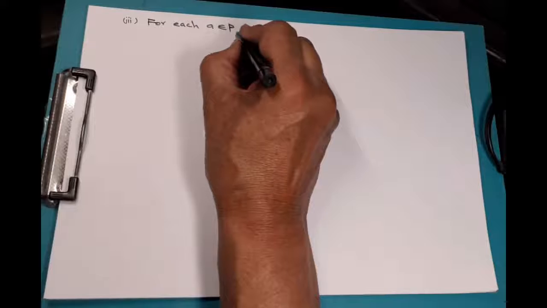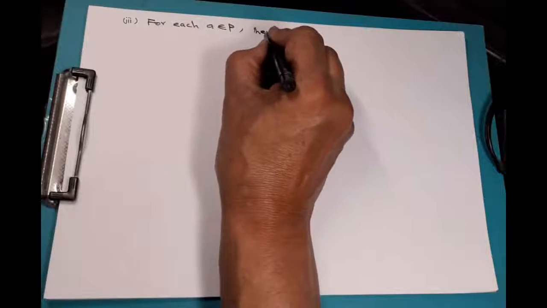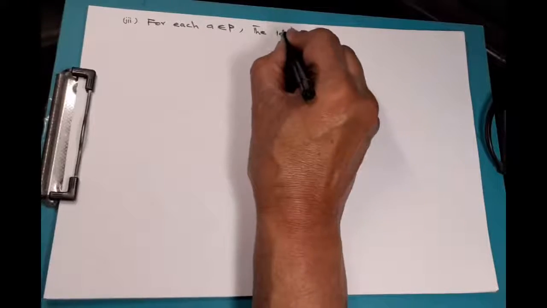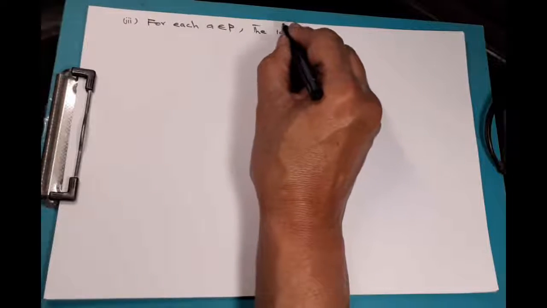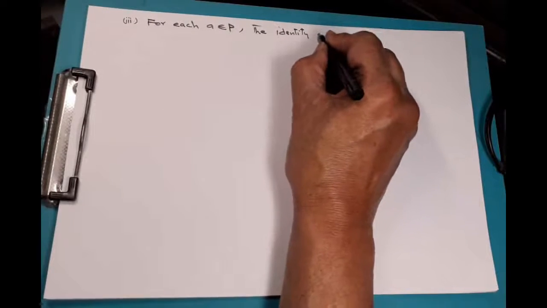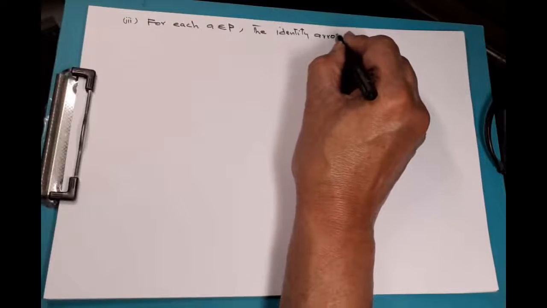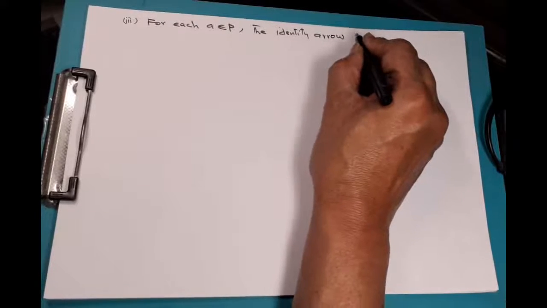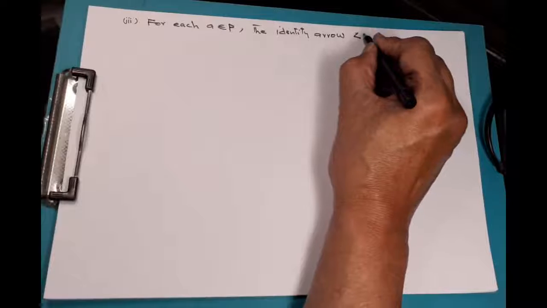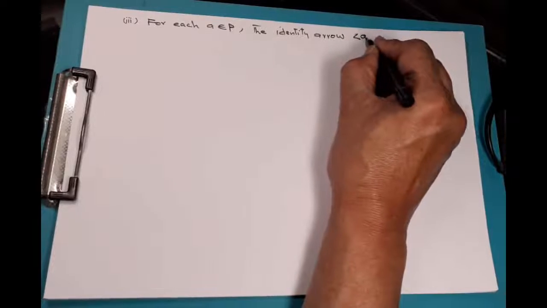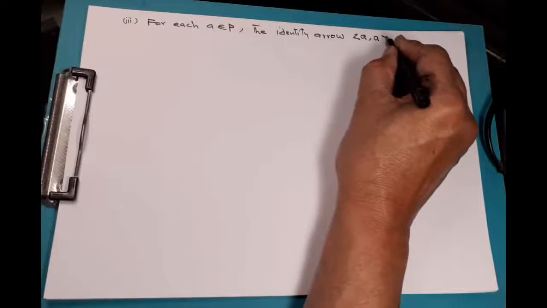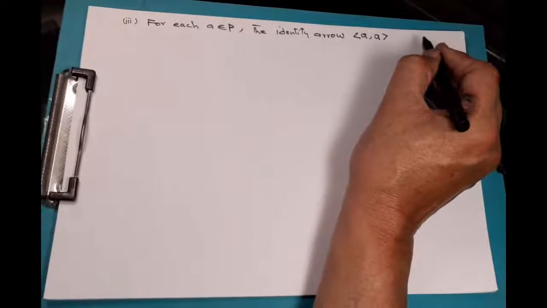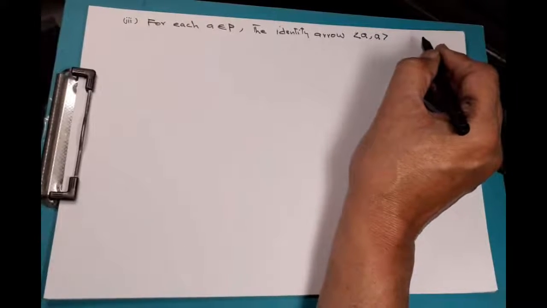The identity arrow, or the identity morphism, will be written in this way: identity arrow from domain A to codomain A. Identity arrow has the same domain and codomain.